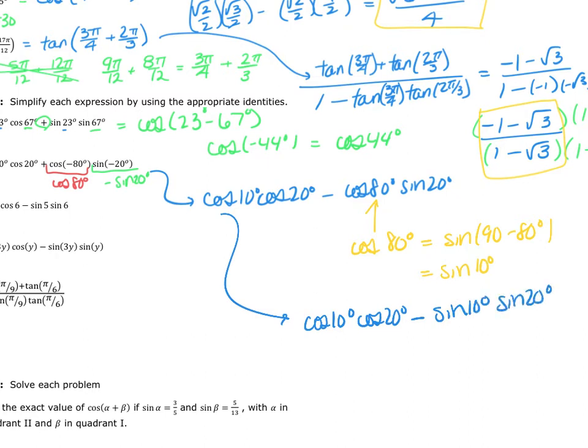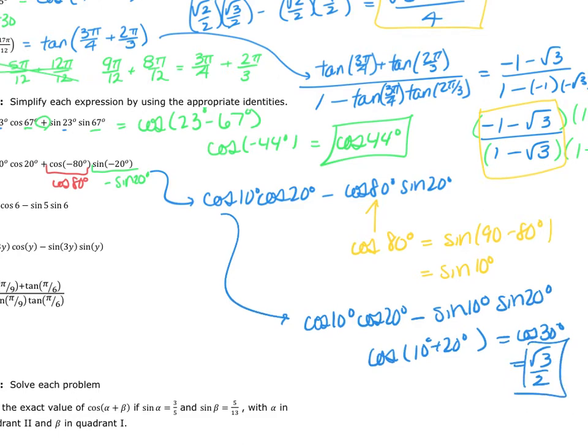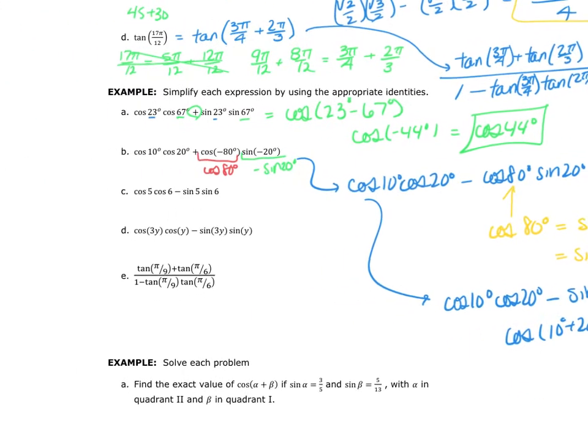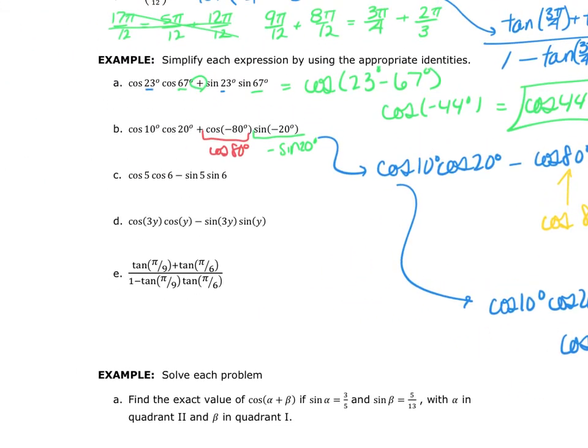Now I have cosine, cosine, sine, sine, which is going to be the cosine of 10 plus 20 degrees, which is the cosine of 30 degrees, which is the square root of 3 over 2. Unlike my previous example where I had the cosine of 44 degrees, I get square root of 3 over 2, and that's a nice exact answer. Let's take a look at my next example here.